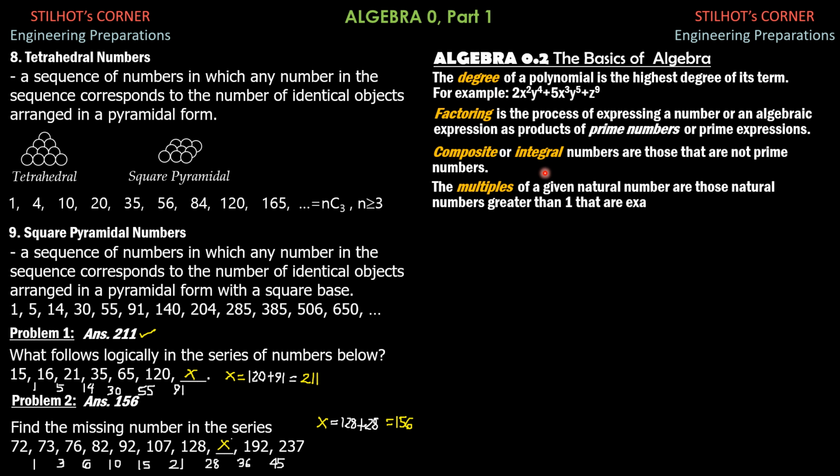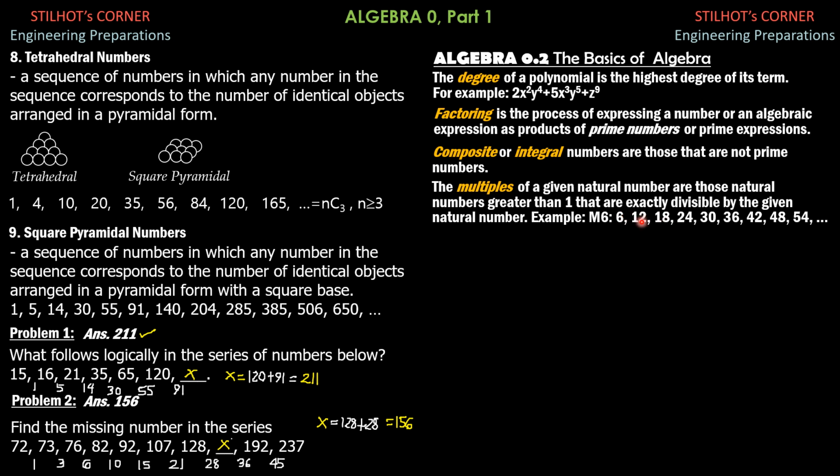So the multiples of a given natural number are those natural numbers greater than 1 that are exactly divisible by the given natural number. For example, multiples of 6, of course, are 6, 12, 18, 24, 30, 36, 42, 48, 54. Notice that all these numbers are divisible by 6.